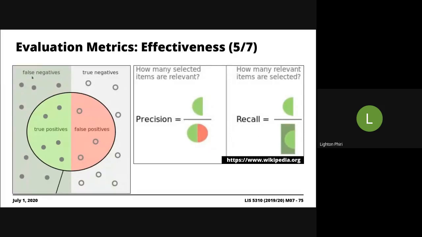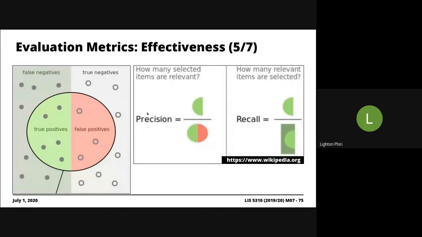So if you look at this as being your corpus, this entire thing here where you have false negatives, true positives, and false positives, and you look at this space here as being your corpus, what is retained is this circle here. What is retained will have relevant things and things that are irrelevant.